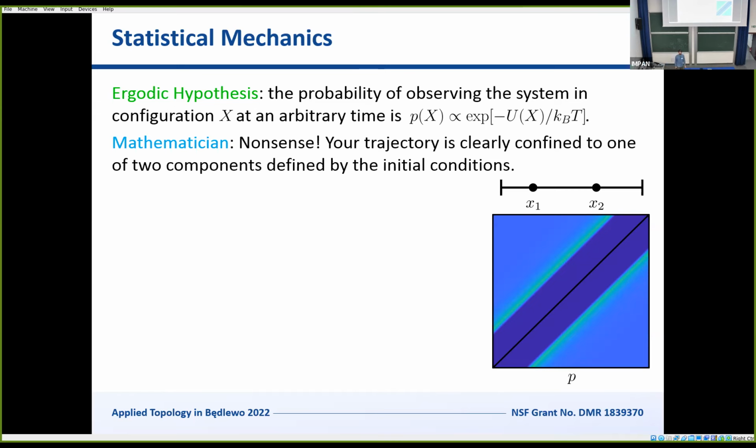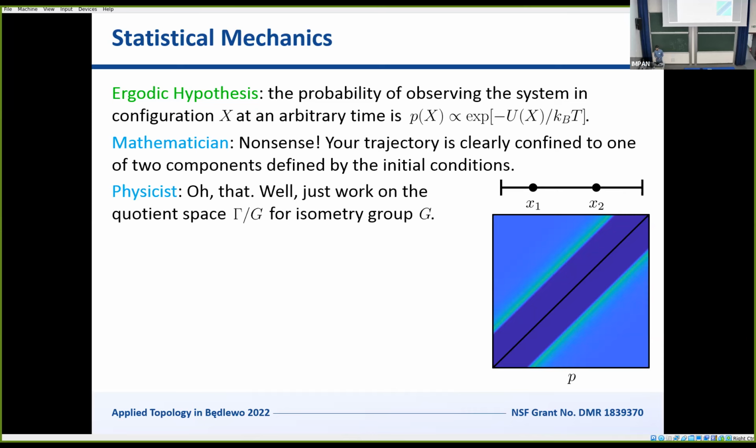You just showed me a trajectory in the previous slide, which was bouncing around up here. So why is there probability mass down here? This is absolute nonsense. And so, most physicists, and I've spoken to them about this, get a little bit uncomfortable. And then if they think about it, this is often the response.